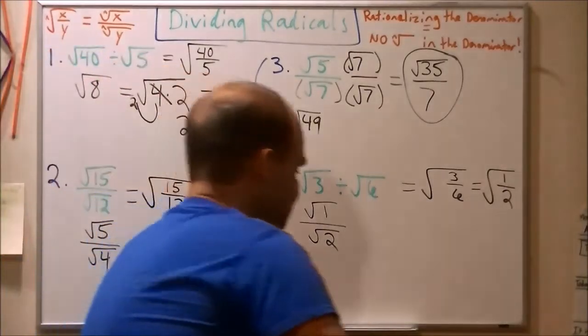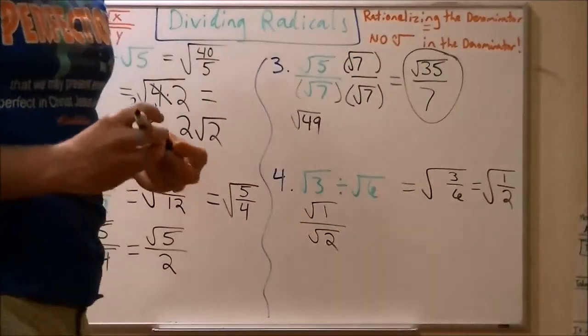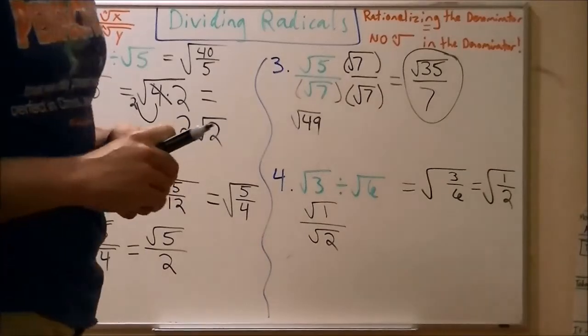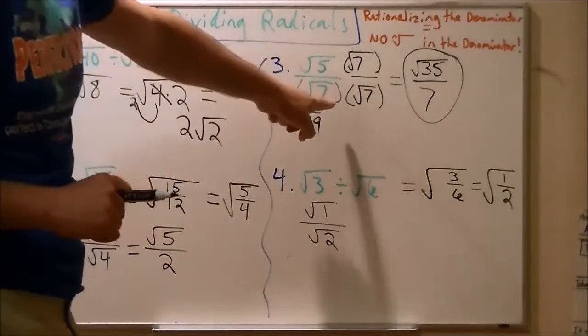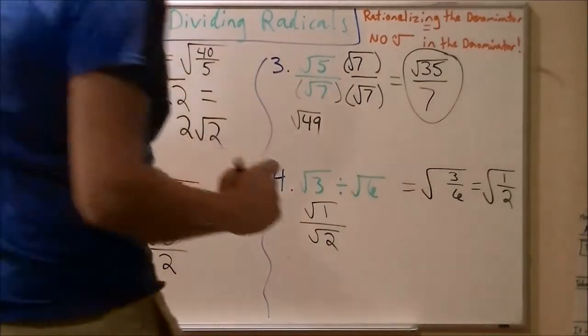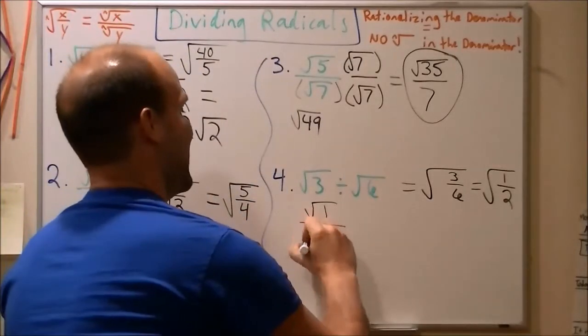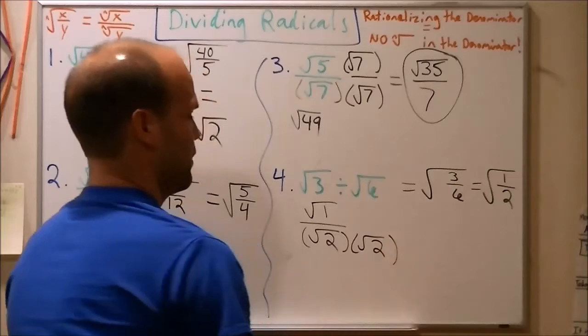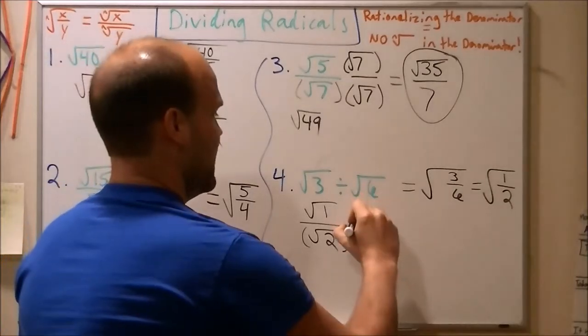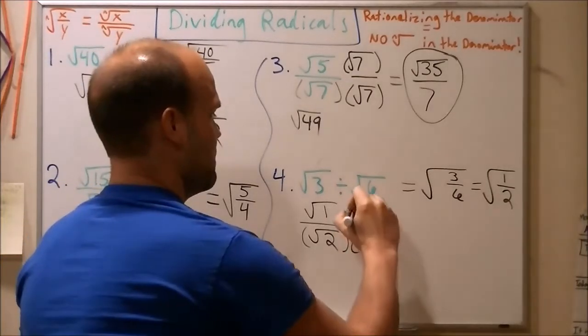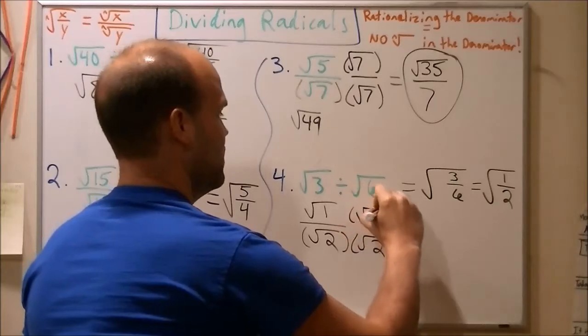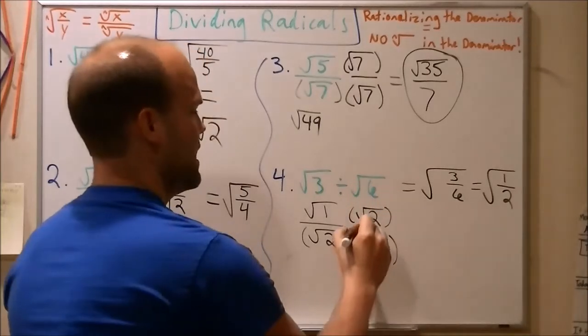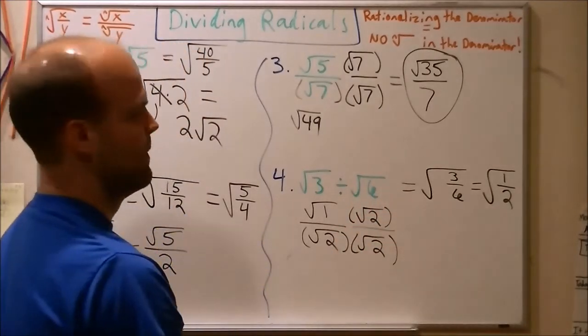But here's why. I have to get rid of that square root symbol on the bottom, the square root of 2. How do I do that? Guys, I just multiply the denominator by itself. Okay? But whatever I do to the bottom, I have to do the same to the top.